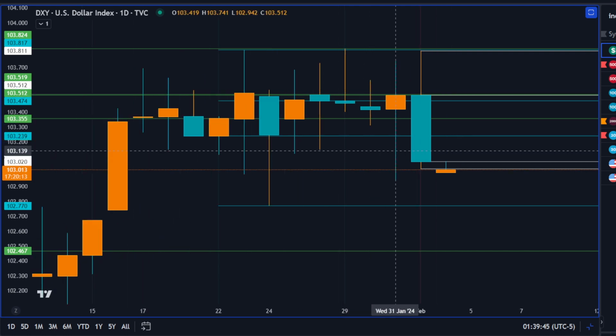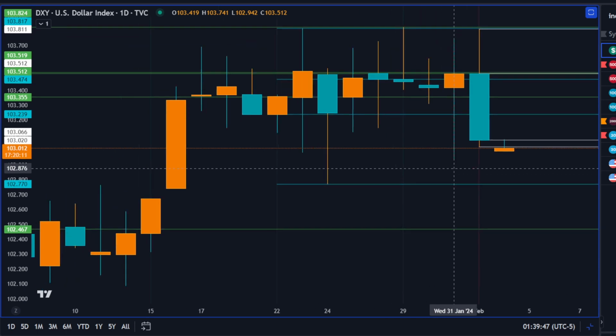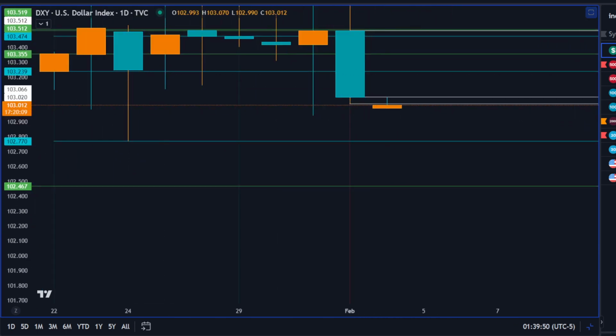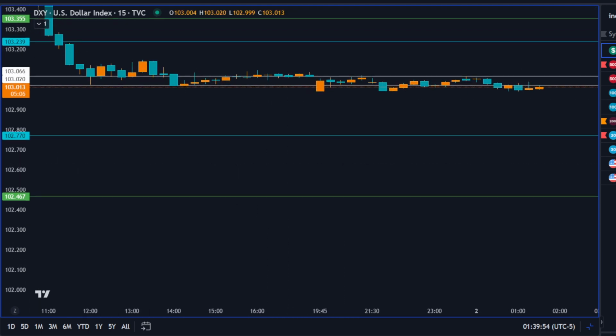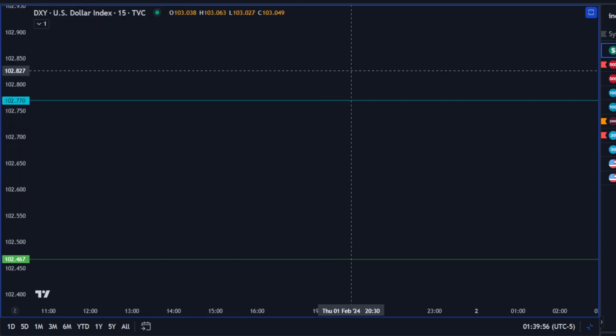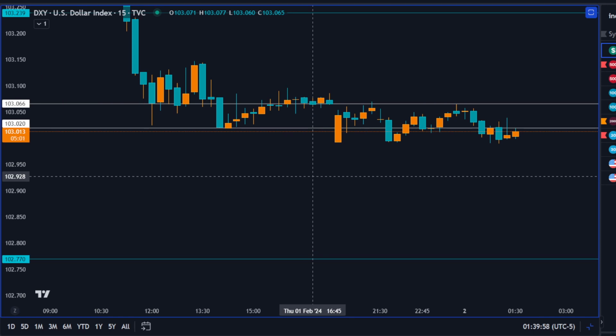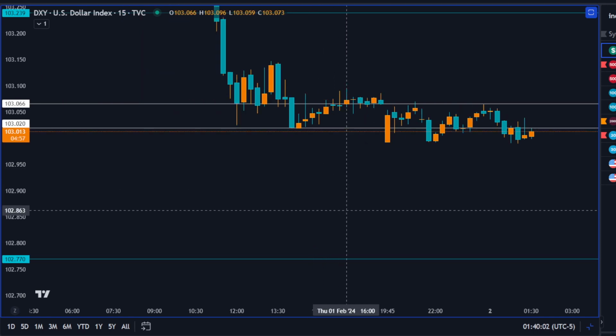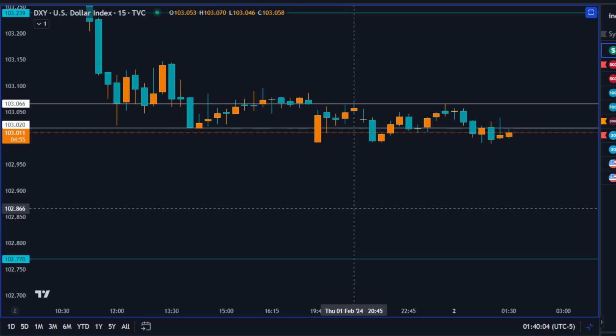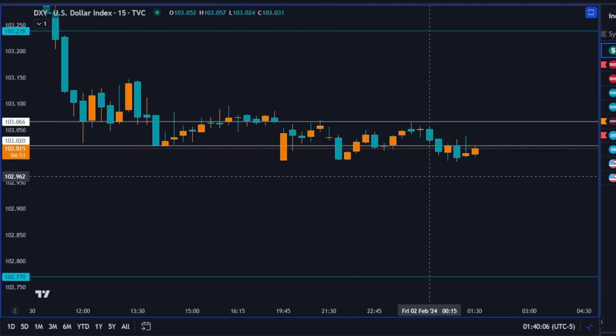We wouldn't have much of a chart to read. So yeah, down to the 50 minute, we'll see the respect that we have for these levels. Okay. See that? This chart likes these levels.